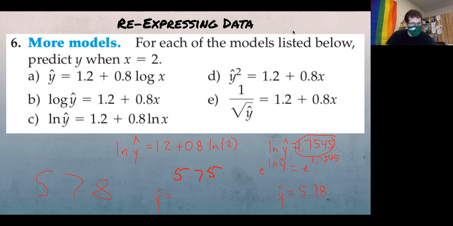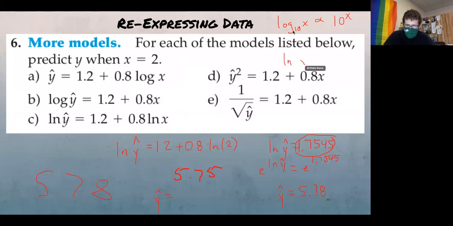I don't know if you want to take a note on this, anyone who maybe isn't as familiar with logs. If you have a log of x, that's technically log base 10. So the inverse of that, which I'll draw like that, meaning inversely related, is going to be 10 raised to the x power.